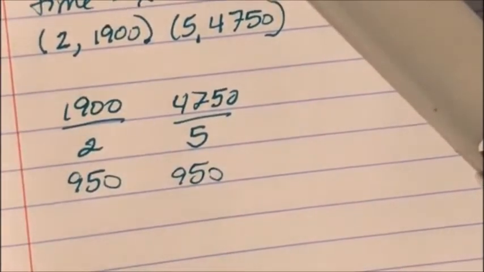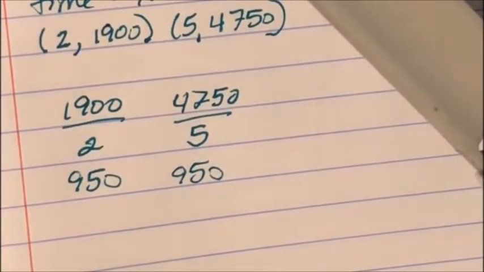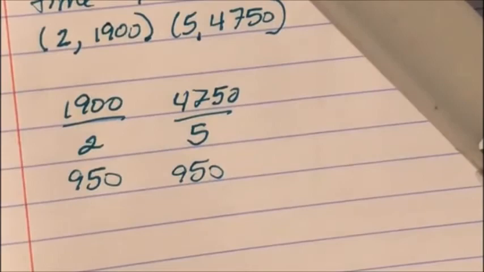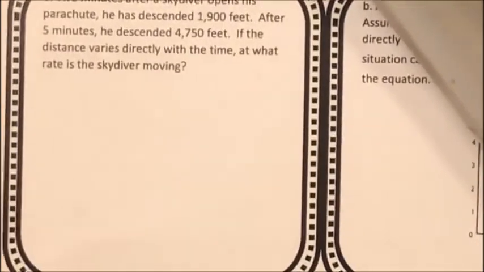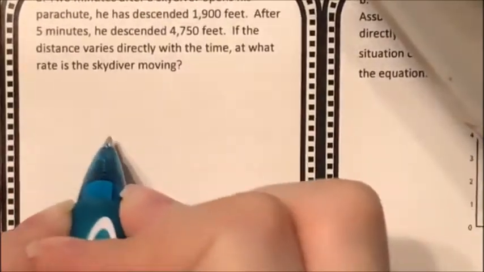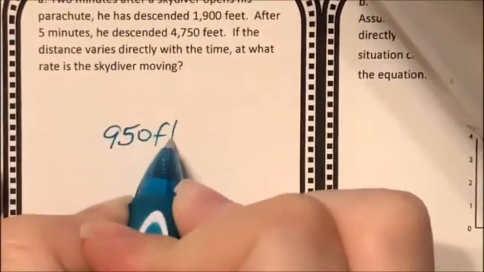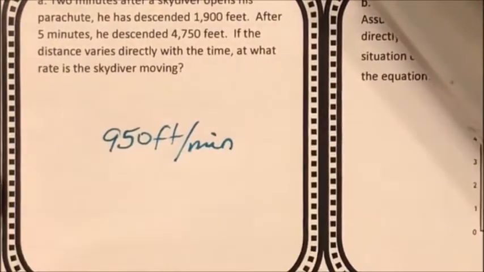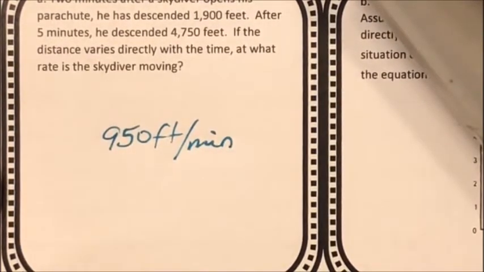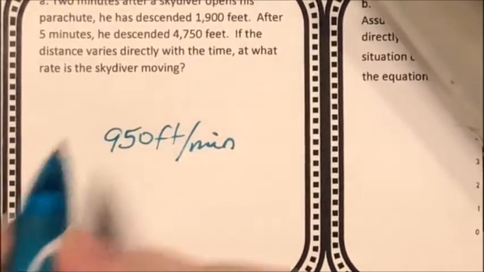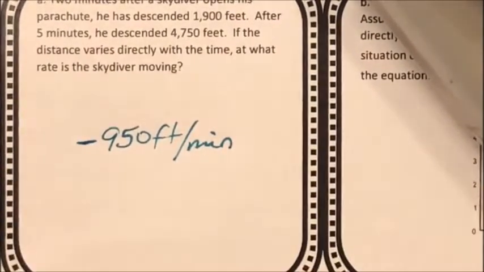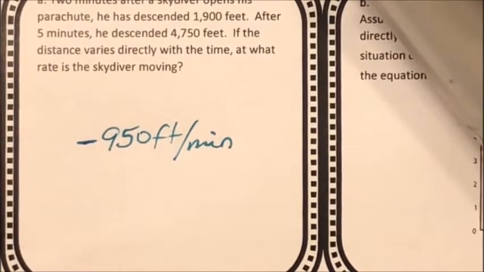So 950 is my slope. That's the rate the skydiver is moving: 950 feet per minute. The other thing to think about is that he's descending, he's going down, so this is actually going to be a negative 950.